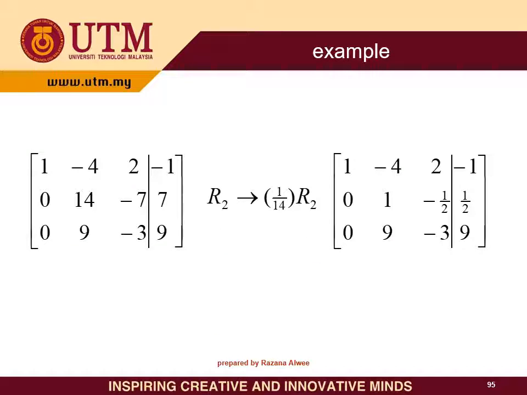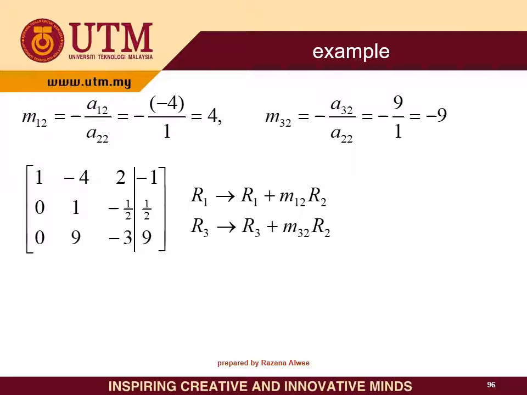Then we want to make this one become 1, right? So what we need to do is change R2 to 1 over 14 multiplied by R2, so we get 1 in the middle. This one becomes negative half and this one is half.